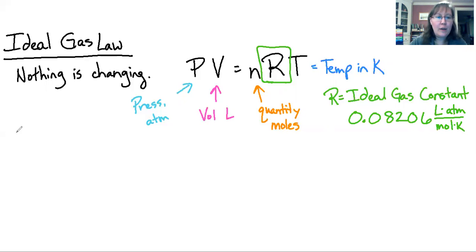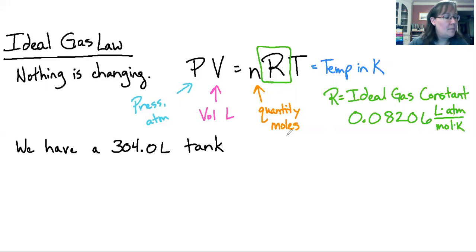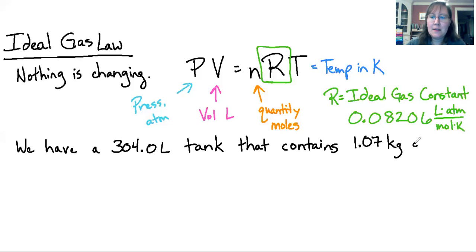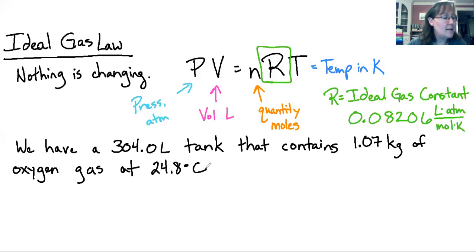Okay, let's say that we have a 304 liter tank that contains 1.07 kilograms of oxygen gas at 24.8 degrees Celsius.